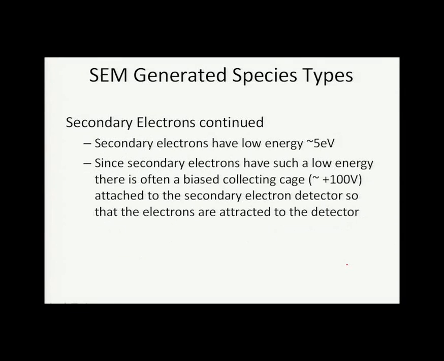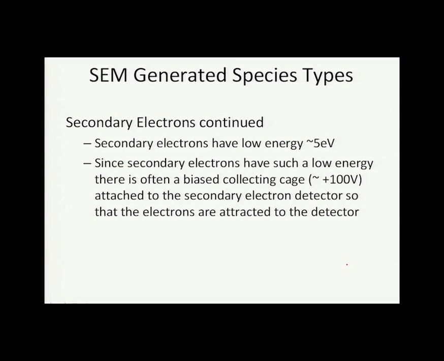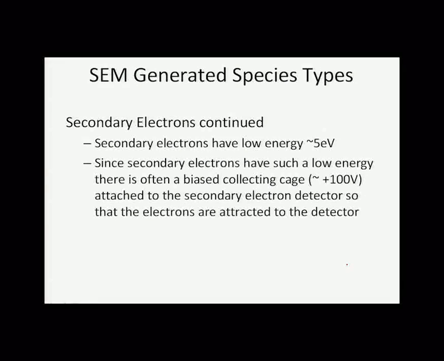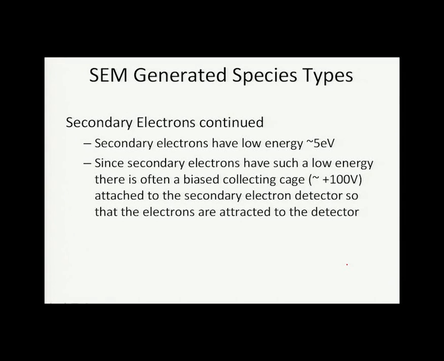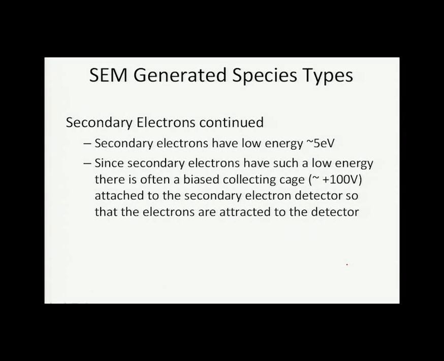So secondary electrons are quite different. They have low energies, around 5 electron volts, and since secondary electrons have such a low energy, there's often a biased collecting cage on a detector attached so that the electron detector can attract more electrons towards it.